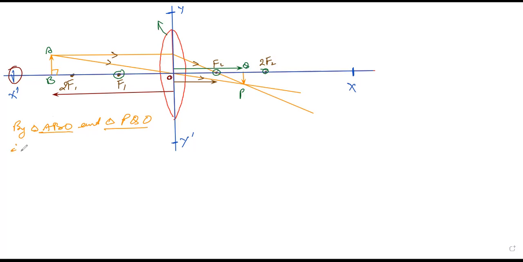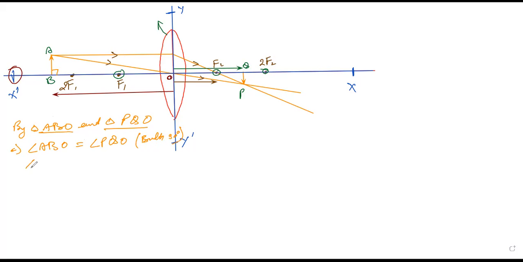So over here you can go for this one, that angle ABO is equal to angle PQO. So over here both are 90 degrees, so both the angles are 90 degrees. So this is the first condition.